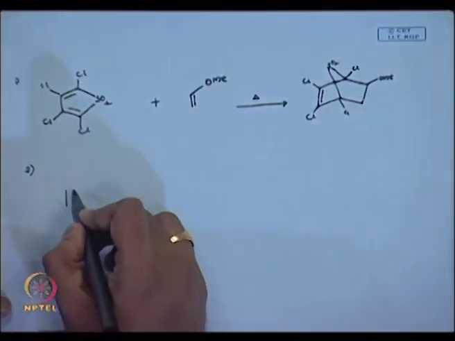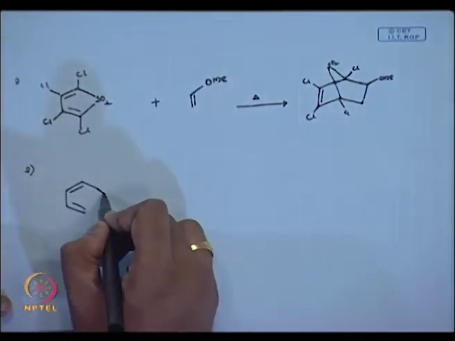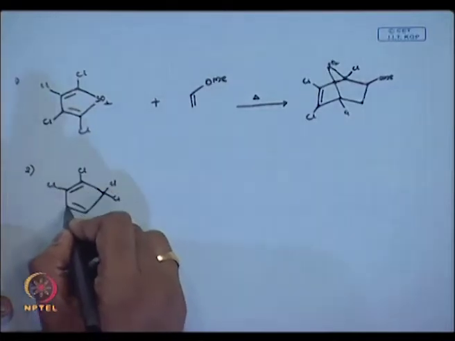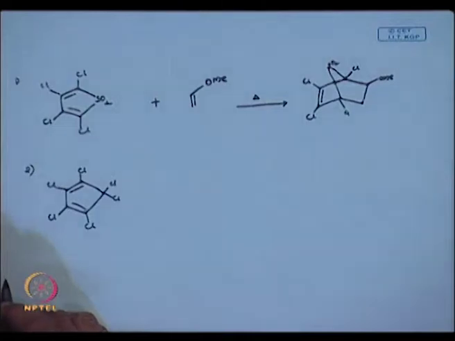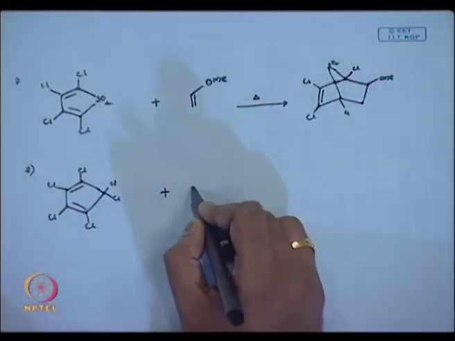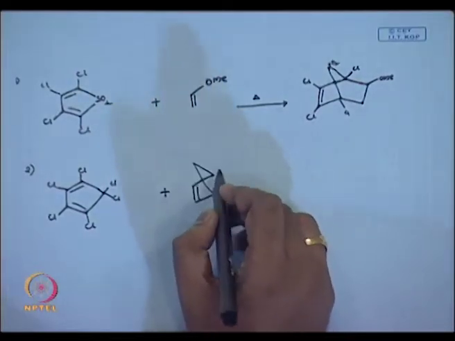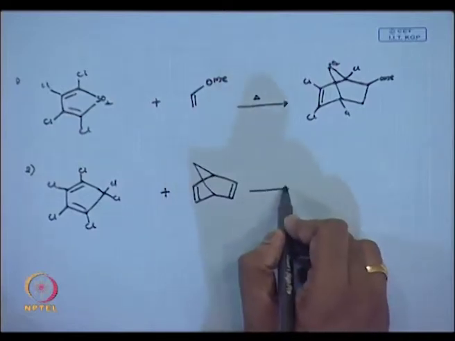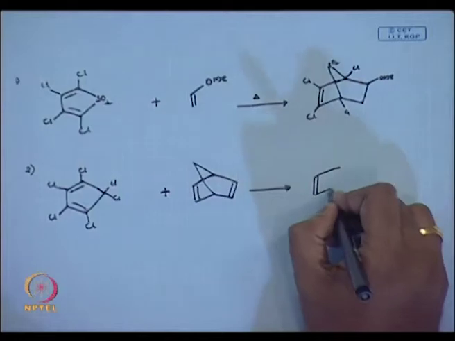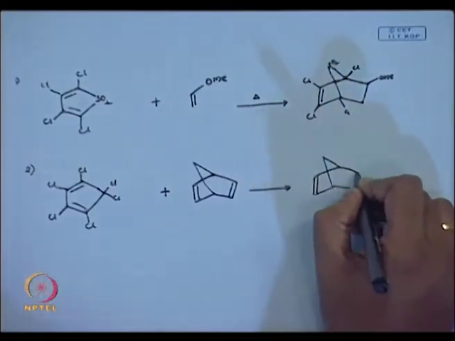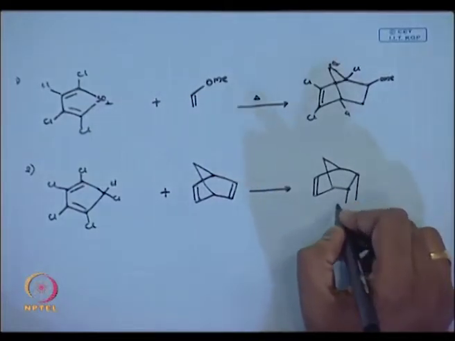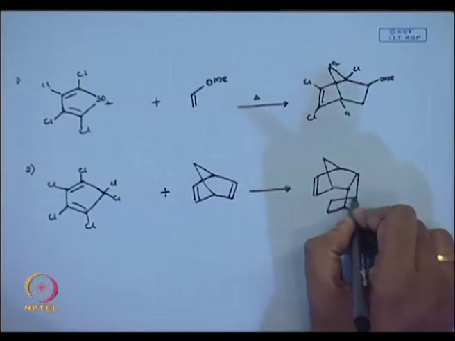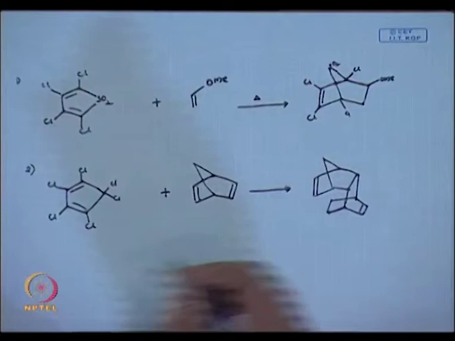For example, if you take a system like this, and then a system with a double bond, and if I do this reaction, you end up with that, with your chlorines.